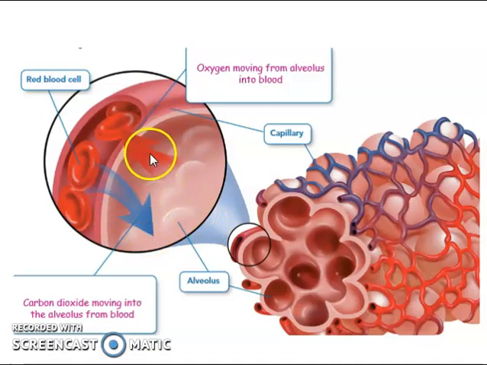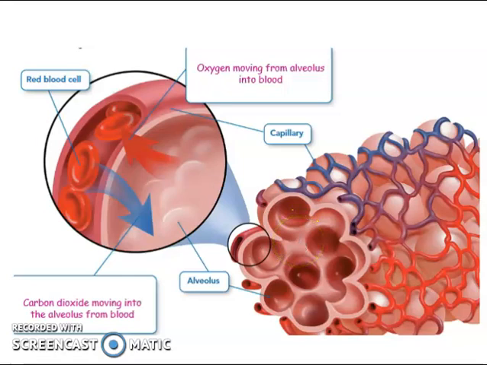Look at this one. The red arrow represents the blood full of oxygen, while the blue one represents the blood with less oxygen. Carbon dioxide is moving into the alveolus from the blood. This picture shows that there is a gas exchange in the capillaries and alveolus.